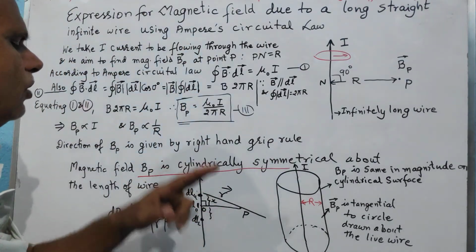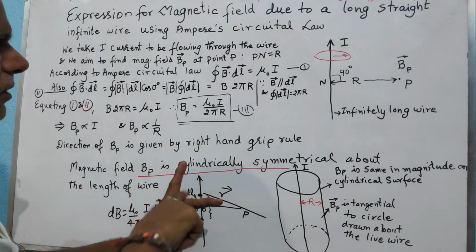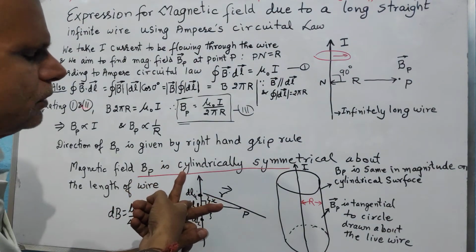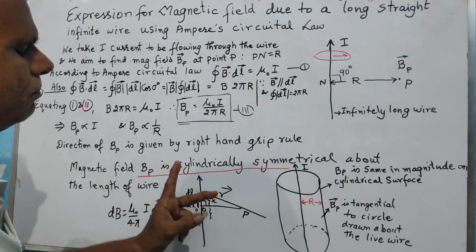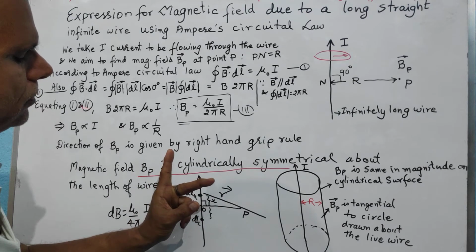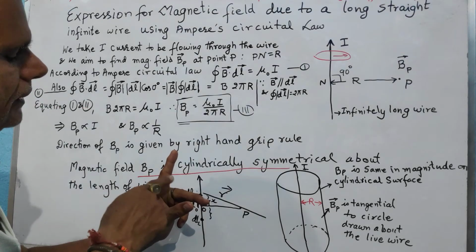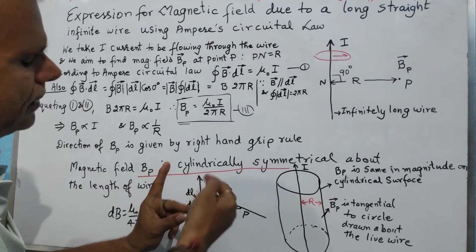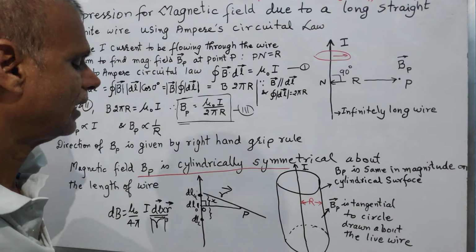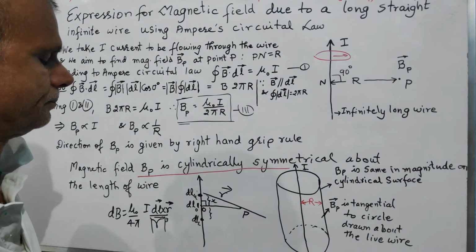Had this r been horizontal, then applying dl cross r, the screw would have gone into the whiteboard perpendicularly. But that is not the case. You are bending it slightly, still the direction of magnetic field remains the same.